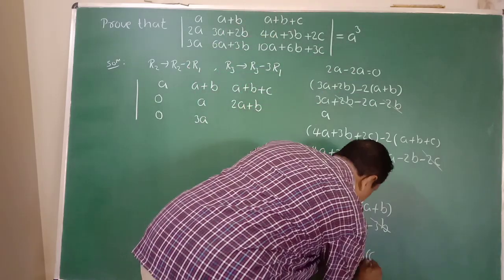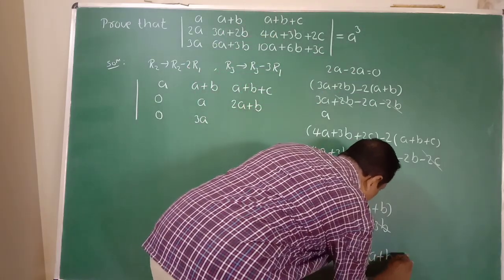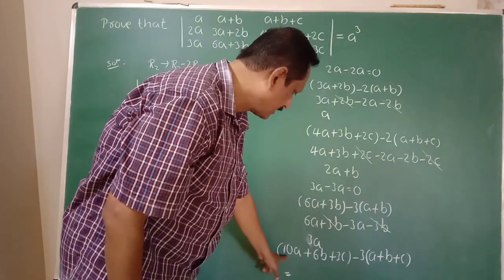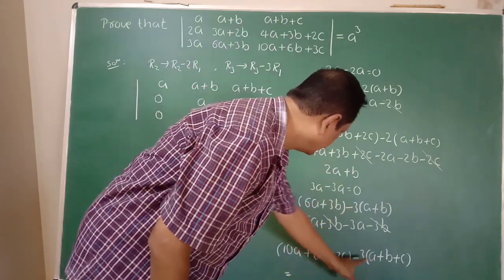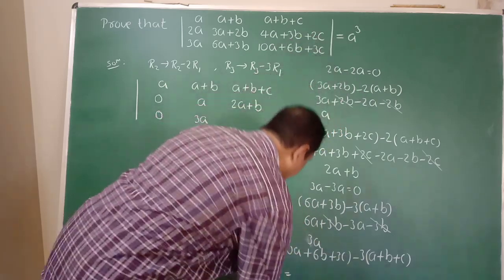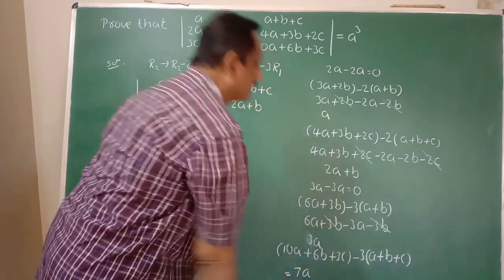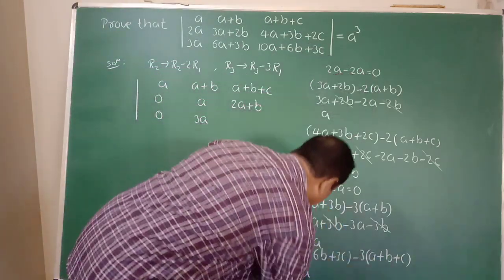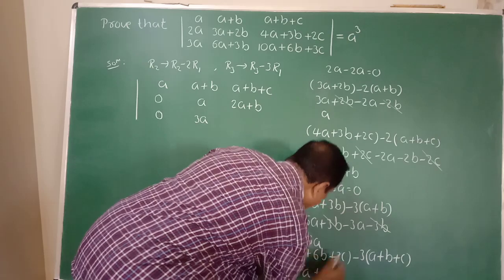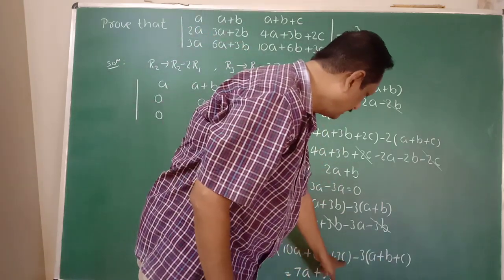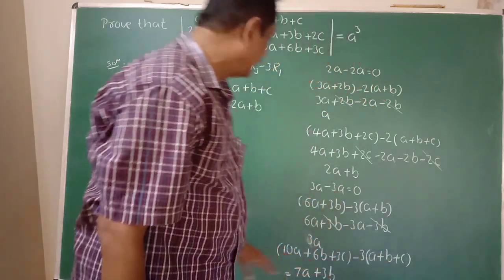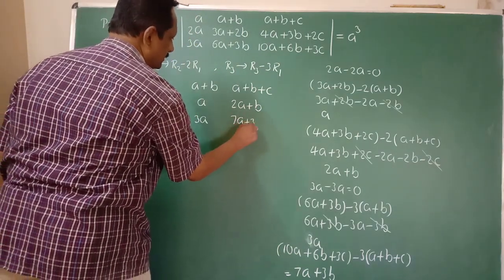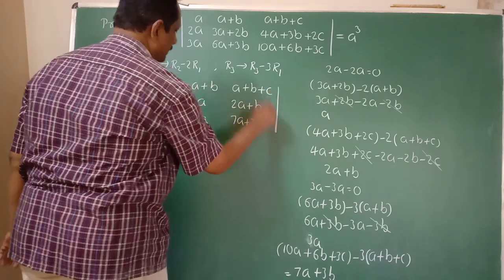Hence 10a minus 3a becomes 7a. Then 6b minus 3b is 3b. Then 3c minus 3c cancels, remaining only 7a plus 3b.